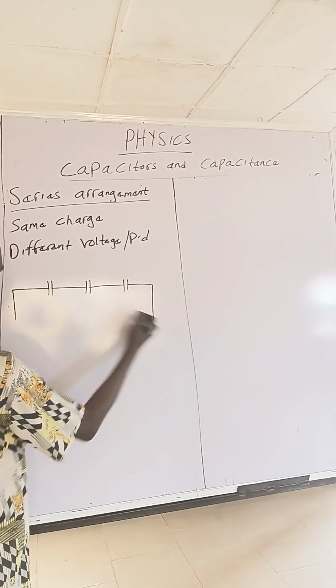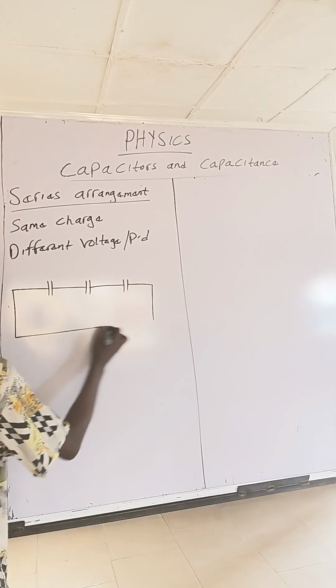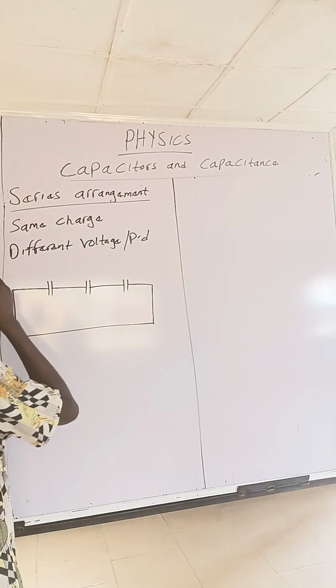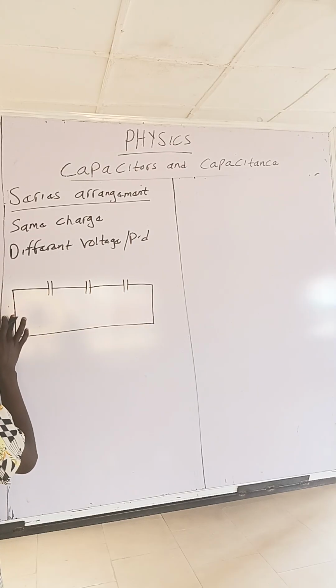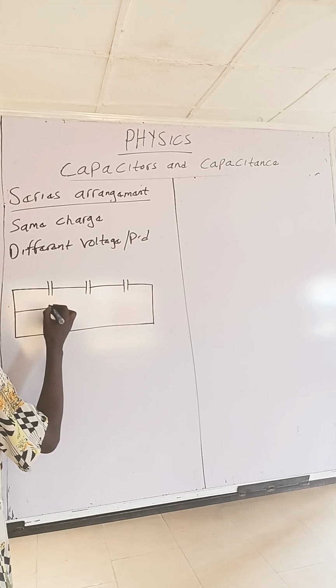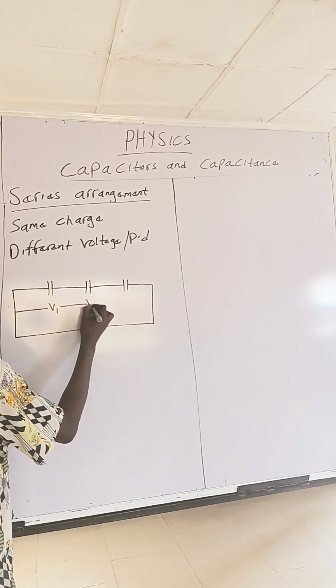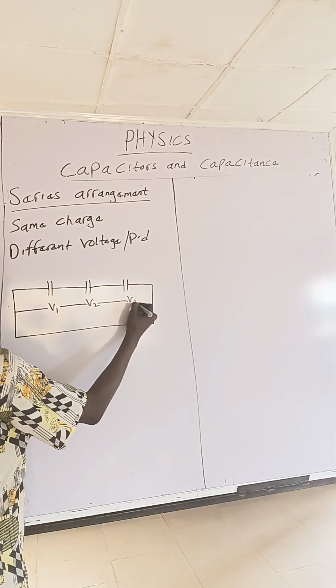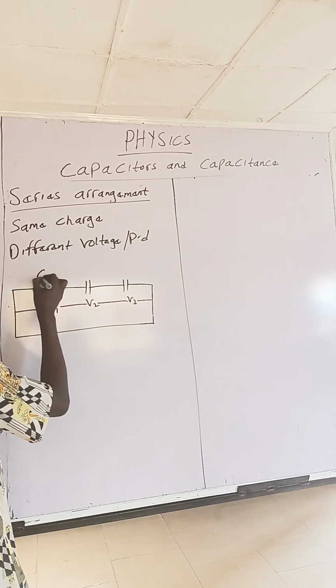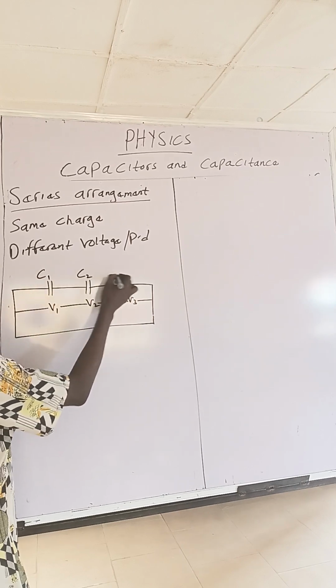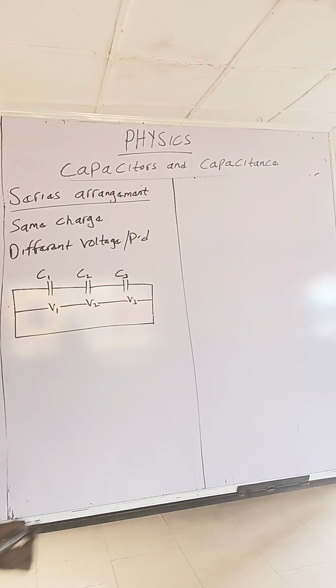Let's see the potential difference of each of them here: V1, V2, V3, and this is capacitor 1, capacitor 2, capacitor 3.